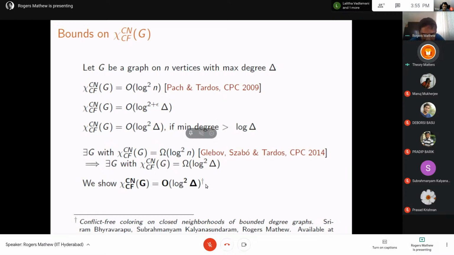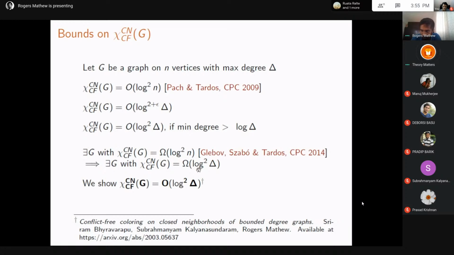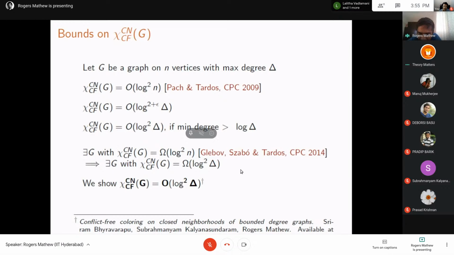Just a minor point here. Do the constants... I guess you're using the lower bound from Glebov et al. for the existence part. Are the constants very different? For the upper bound, the constant is a small constant, I think maybe 4, 5, 10 or something like that. I don't remember exactly, but it's a small constant.